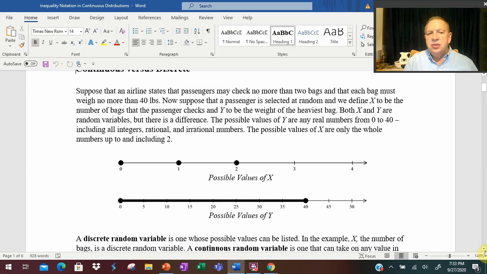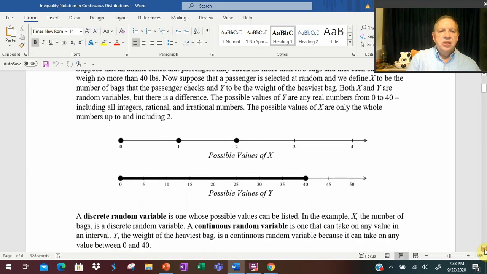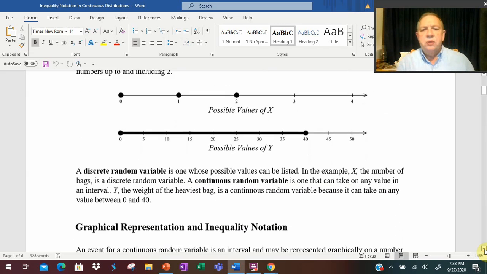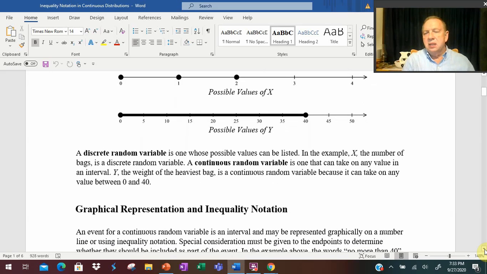So what we would like to do is look at those in terms of inequalities. A discrete random variable is one whose possible values can be listed. These are the only things that they can be, and that's it. In the example, x, the number of bags, is a discrete random variable. And a continuous random variable is one that can take on any value in an interval.